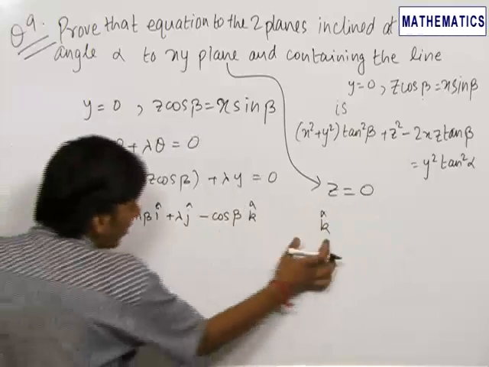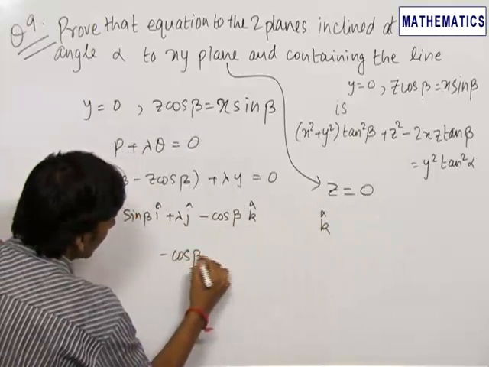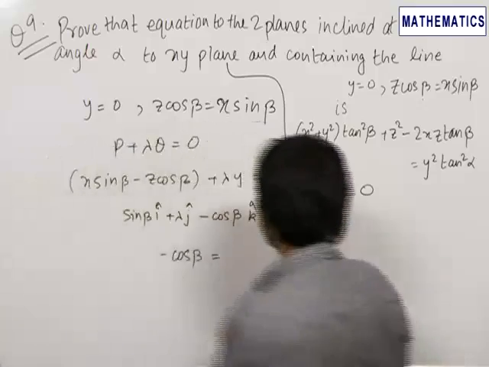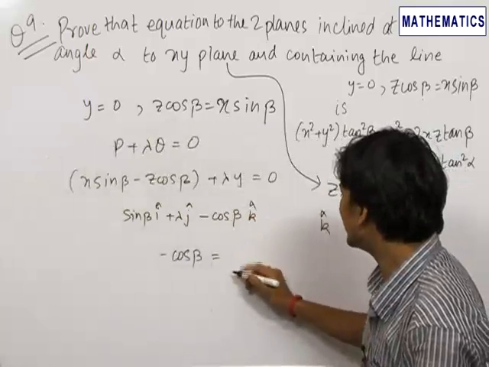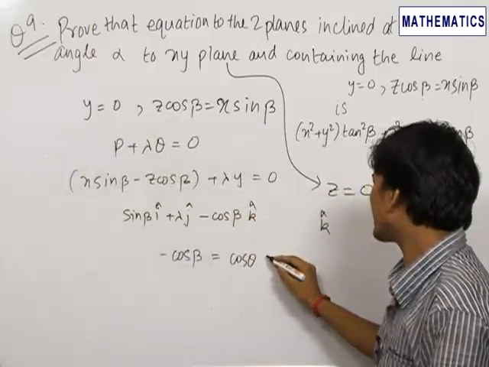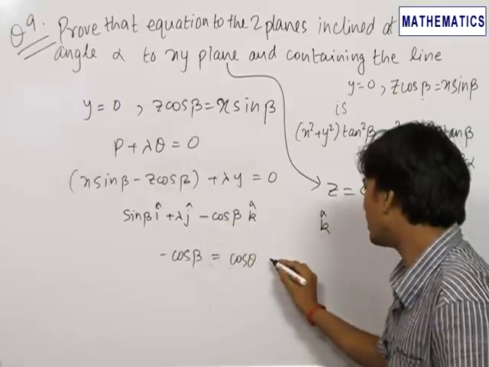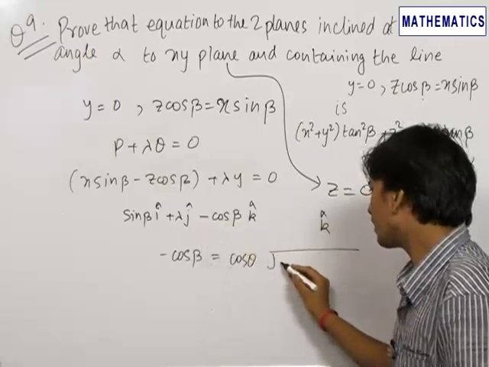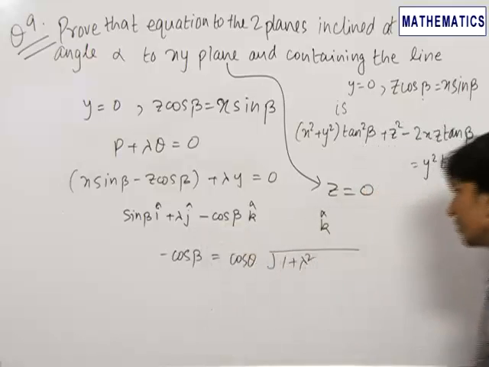Now to find the angle between these two vectors, we take the dot product, that is minus cos beta. This will be equal to modulus A into modulus B into cos theta, where theta is the angle between the two planes. Modulus B is already 1 and modulus A will be root over sin square beta plus cos square beta, that is, 1 plus lambda square.